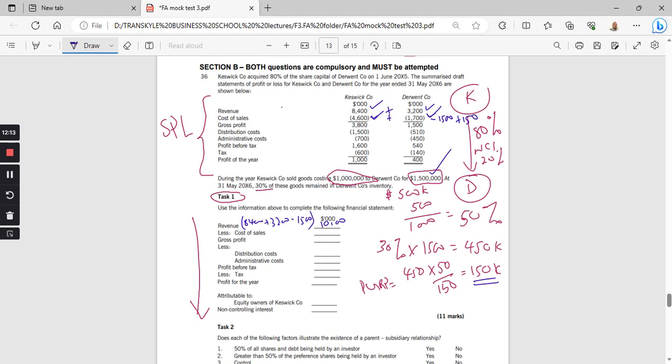That gives us 4.950. And this 4.950, remember, is in brackets because these are costs of sale. So it's a figure for cost of sales.